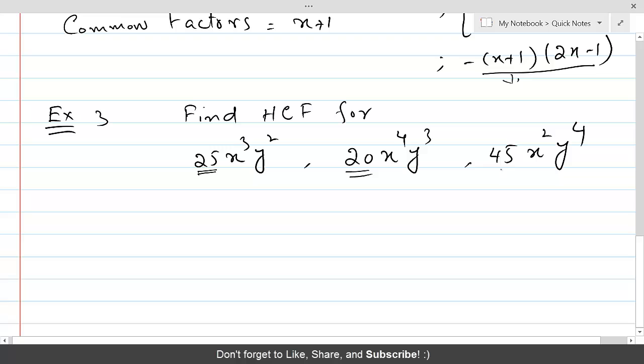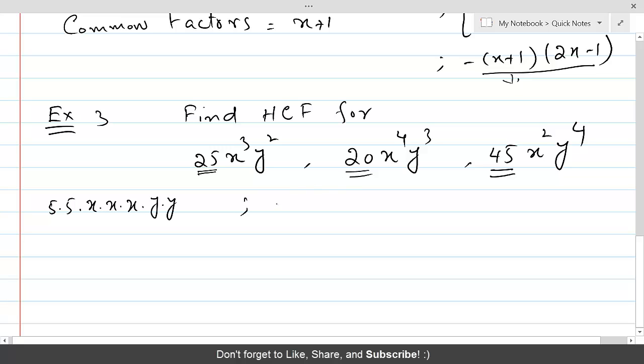So the prime factors of each one of the numbers: for 25, the prime factors are 5 times 5, x is 3 times, so x times x times x, and y is 2 times, y times y.